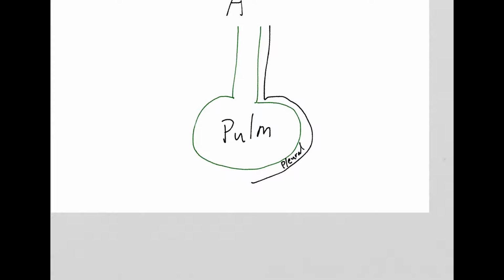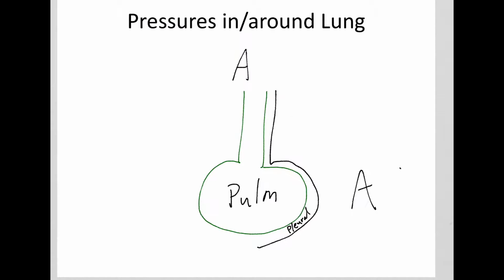And here you have the pleural pressure. But then also remember you have the atmospheric pressure out here. So there's a balance of all these pressures that allow us to breathe. So when we bring air in, remember that the pressure in the pulmonary goes down. There's that pressure difference, so air flows in. And then when we breathe out, the pressure in the pulmonary is greater and the air flows out.